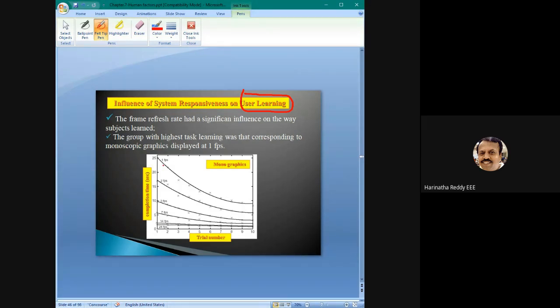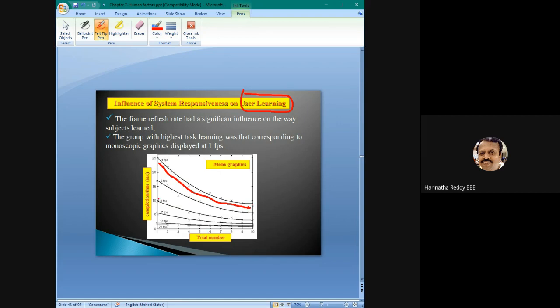As the number of trials is increased, you observe that the task completion time is getting reduced and reaches almost what? Sorry, for one particular FPS, that is 1 frame per second, the task completion time for 10 trials is what?